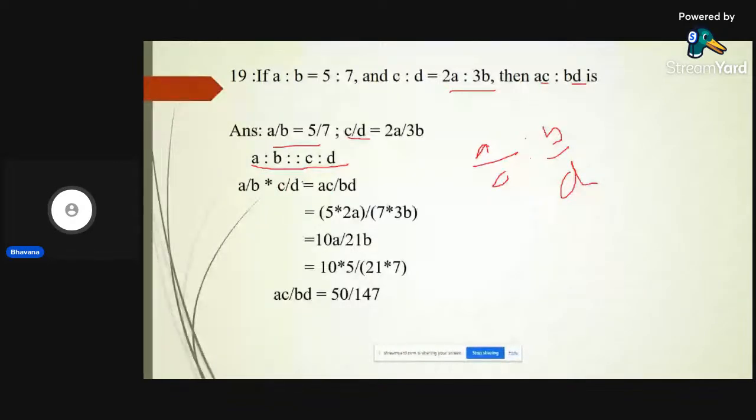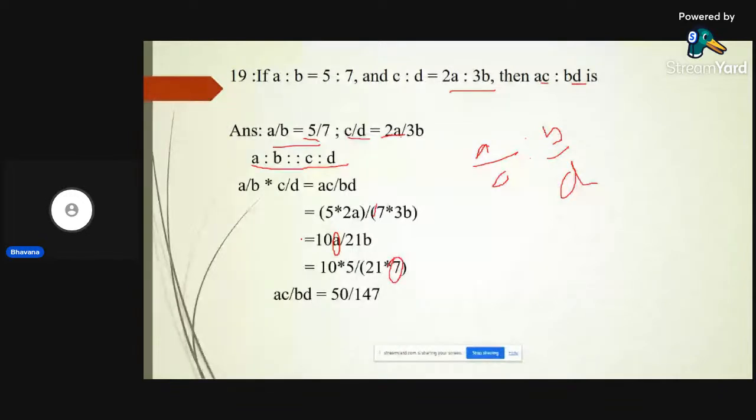A value is 5 and C value is 2A. So 5 into 2A divided by 7 into 3B. 5 twos are 10, so 10A by 21B. Here we substitute the A value and the B value.